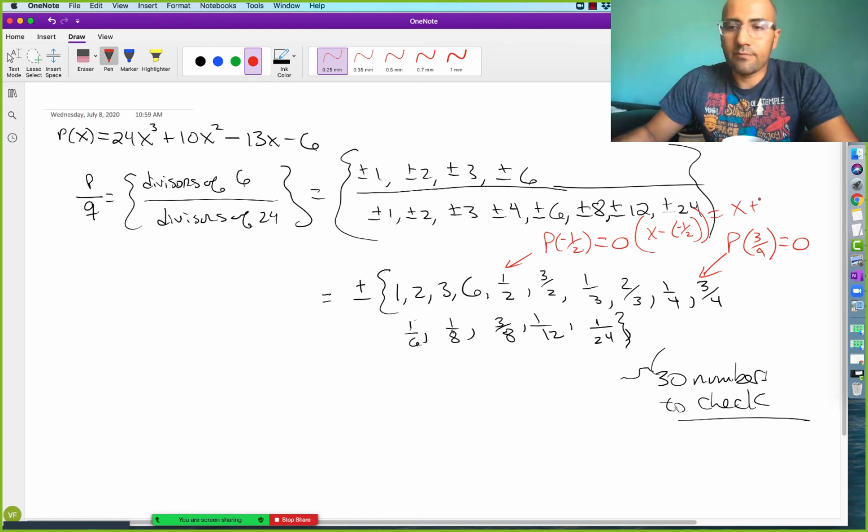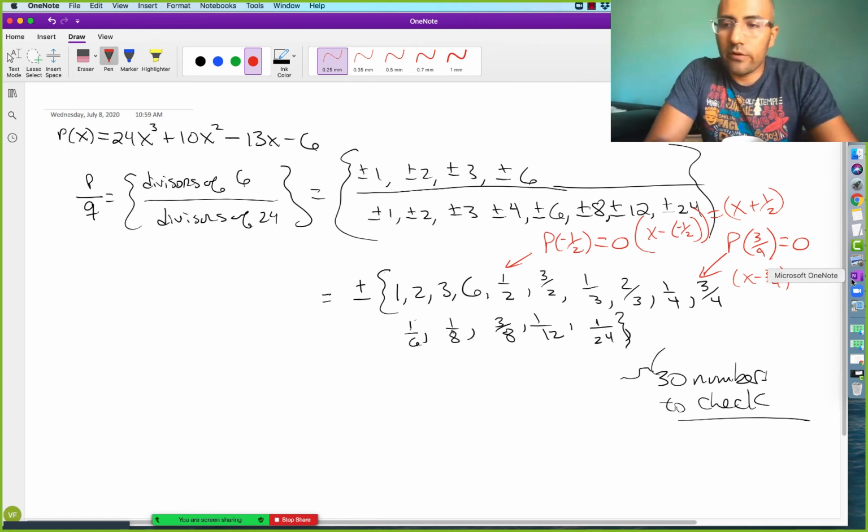And I also know from here that x minus 3/4 will also be a divisor of my polynomial. If I keep going and find one more, I will be almost done. I can rewrite it in the form of a constant times these two. Well, there's one more missing, so times the other one. So let's keep going through it and find the other one.